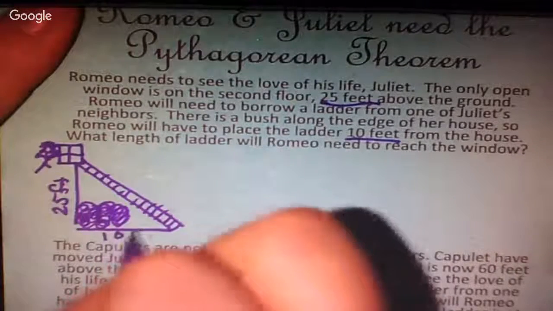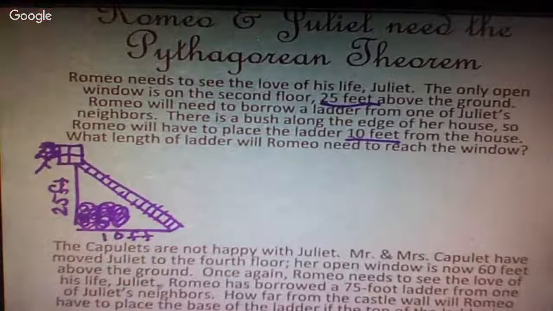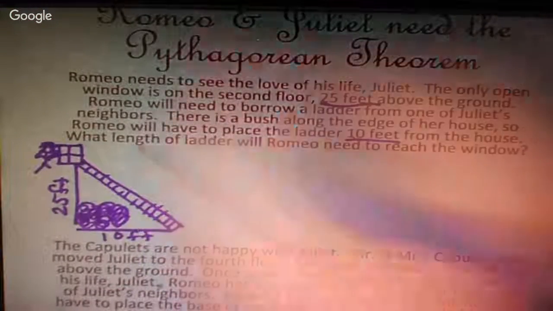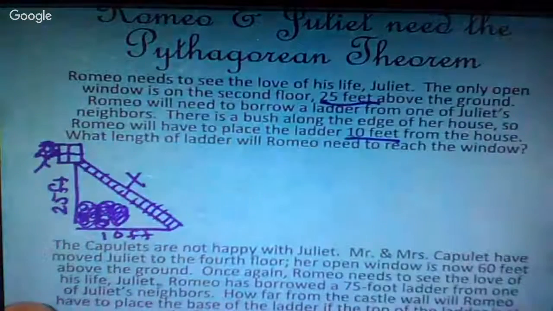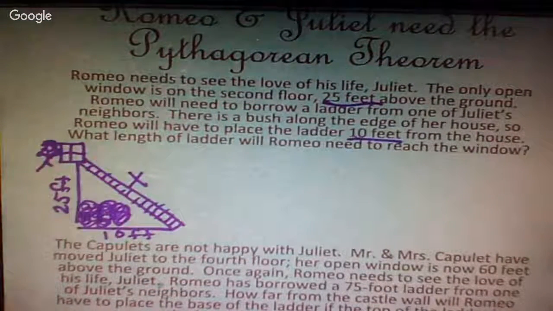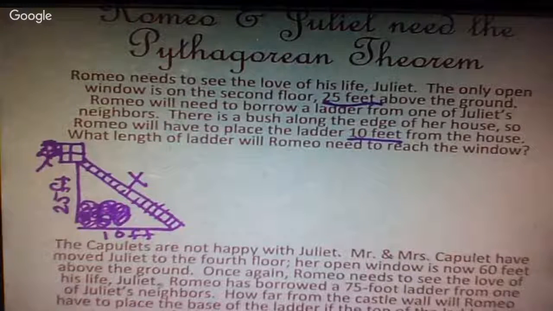Good. So what am I actually finding then? Hypotenuse. So I'm trying to find the hypotenuse. What does my equation look like, Justin? If I'm trying to find your hypotenuse, when I plug this in, what does my equation look like?